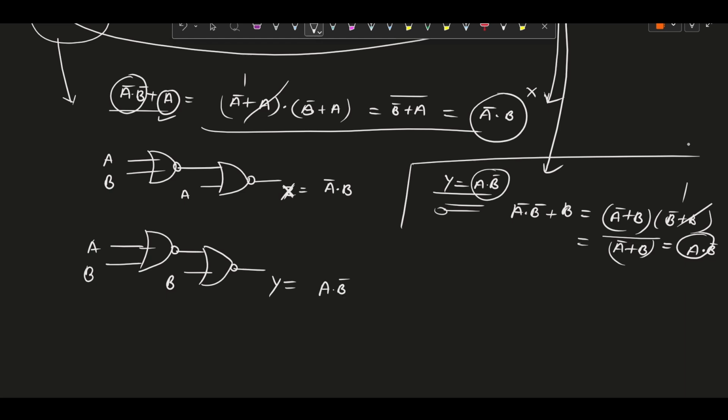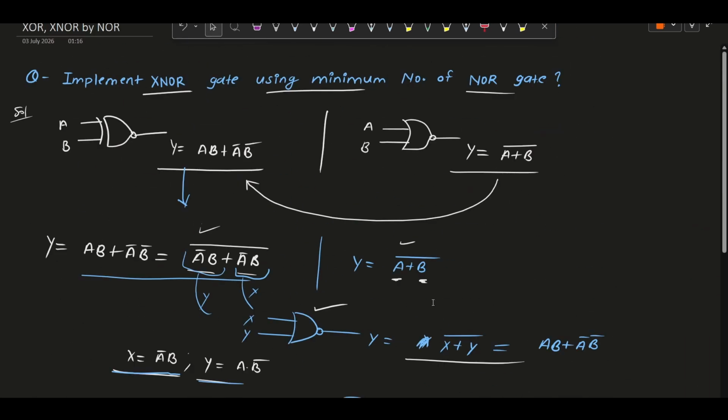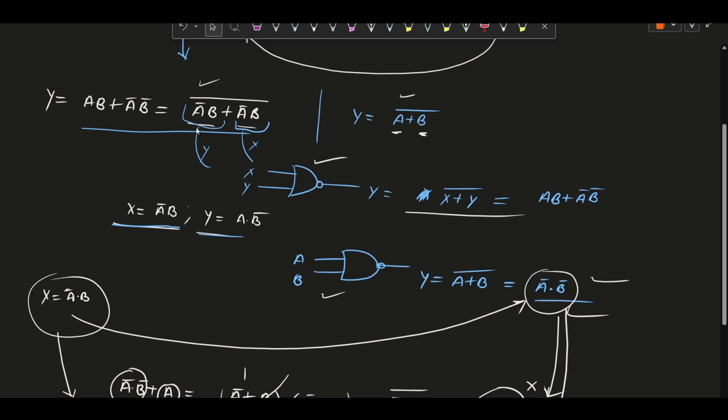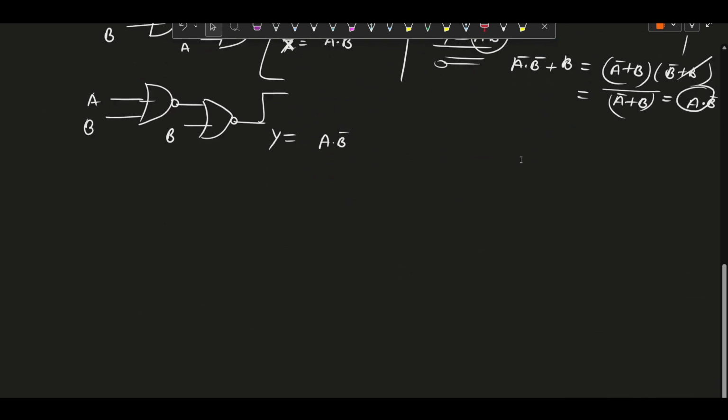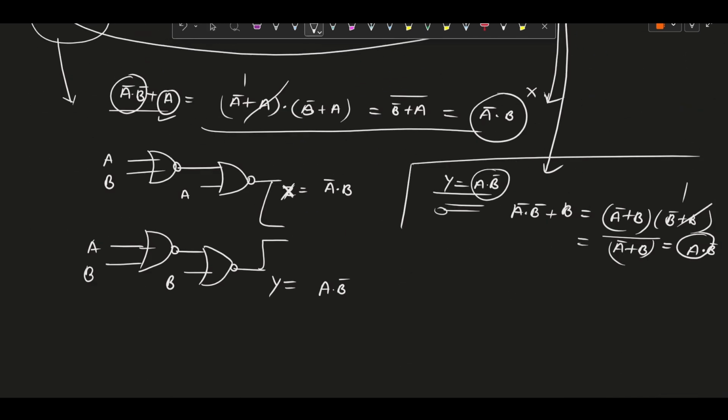Now if we connect both these outputs that we have seen in the starting as well, these both terms, to a NOR gate, then we will get the final XNOR gate output. So if I connect these both gate outputs, this X term and this Y term, into again a NOR gate, then here I will get the output expression of the XNOR gate.